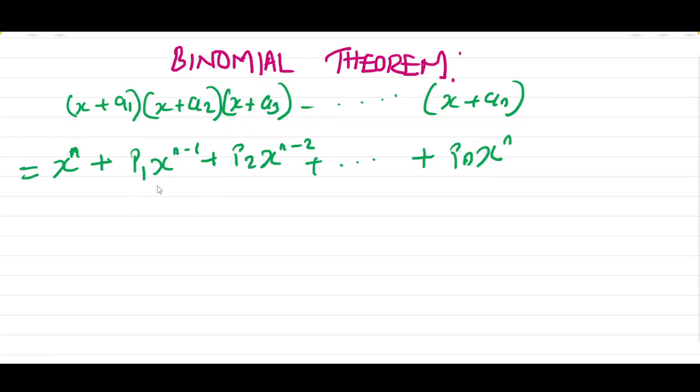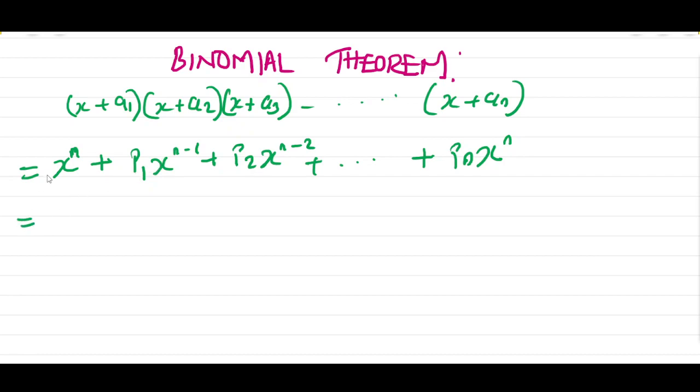Here, this p1 is the algebraic sum of these terms a1 to an, and p2 is the algebraic sum, but we're taking two at a time, a1 a2 or a1 a3. Countless times we have explained why we do so. So if you feel like you are not getting it, please check through the previous videos.